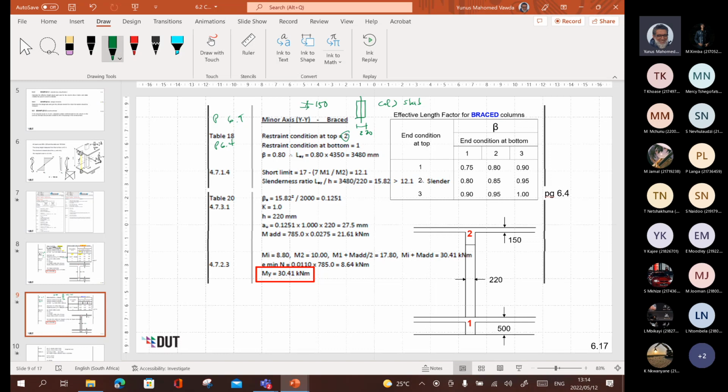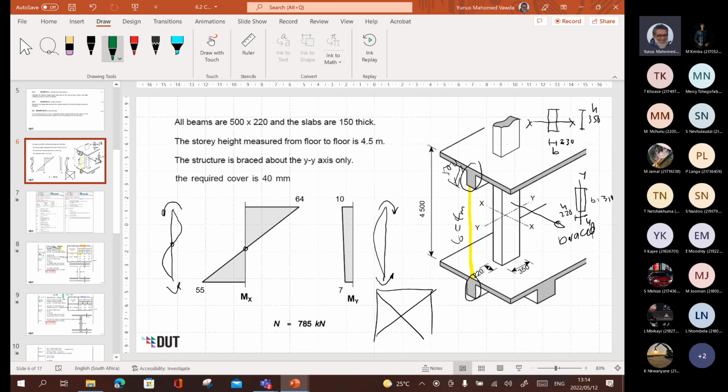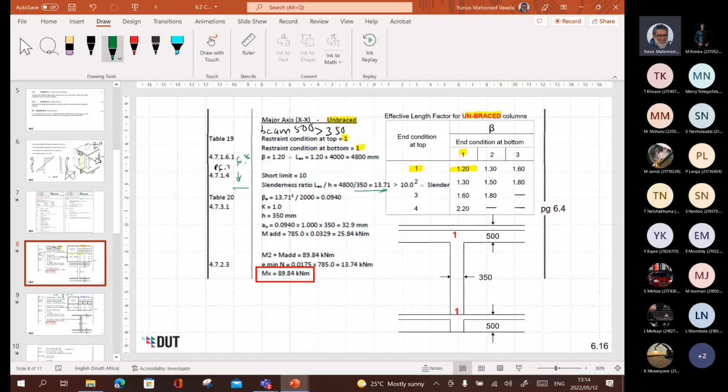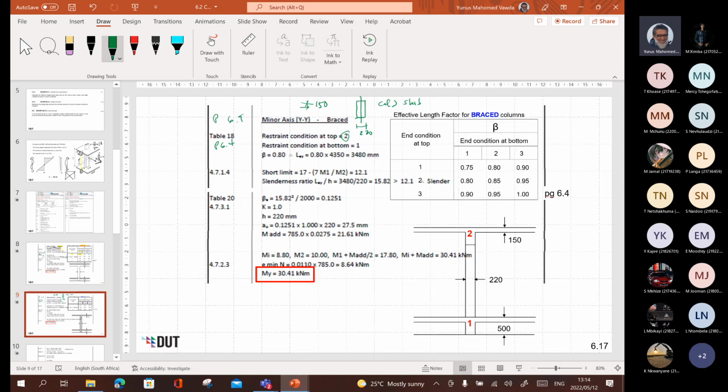And at the bottom, I've got 1 because I've got a nice fat beam there. I've got all beams of 500 by 200. It's not drawn very nicely, but it's 500 deep at the bottom. The beam is greater than the column in the perpendicular direction, so it's condition 1 at the bottom. Bottom and top sorted out: end condition at the bottom is 1, at the top is 2.